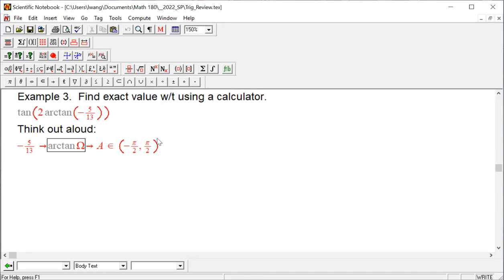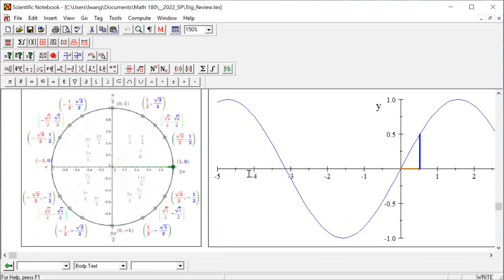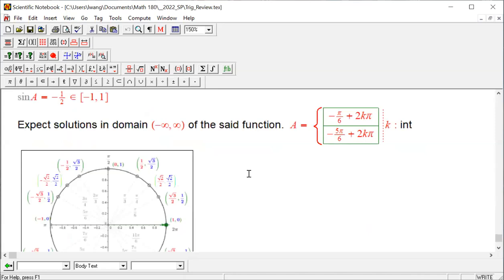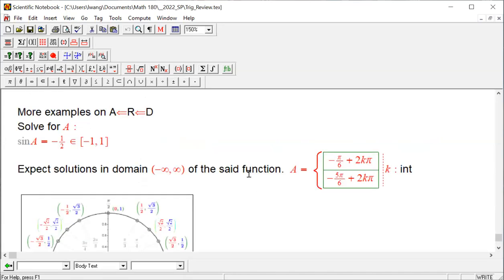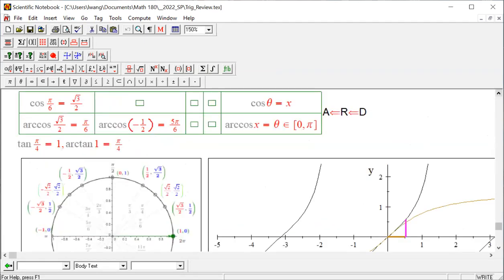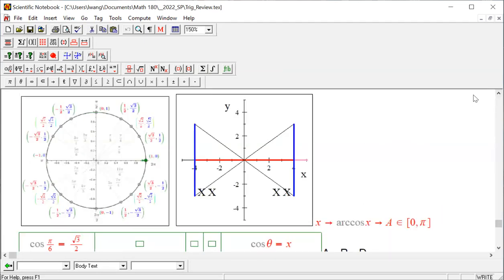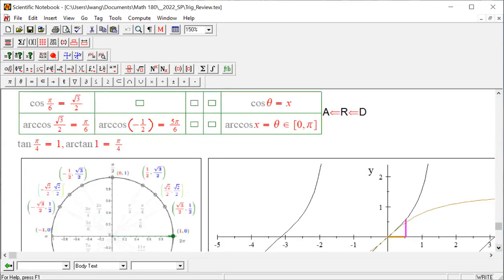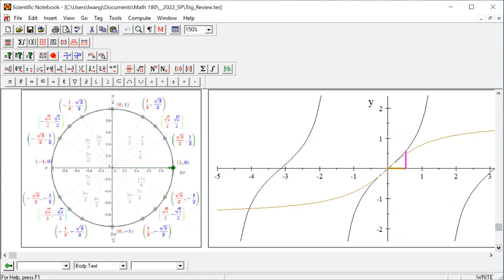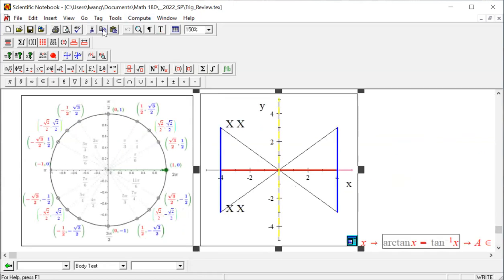In particular, you see this is a negative ratio. If we review arctan, I did that picture earlier, so I'm going to bring it back so I don't have to draw it again. This is about arctan.